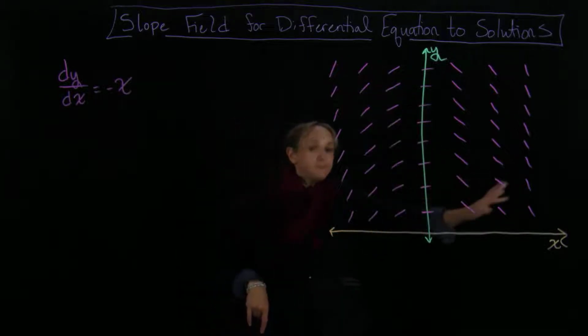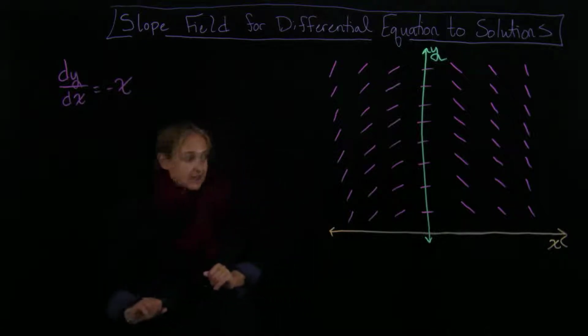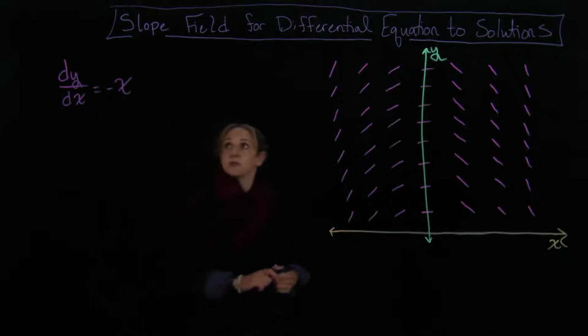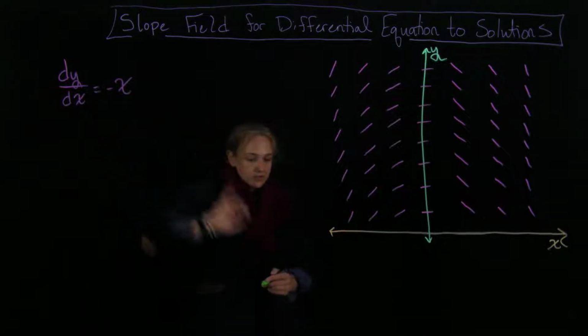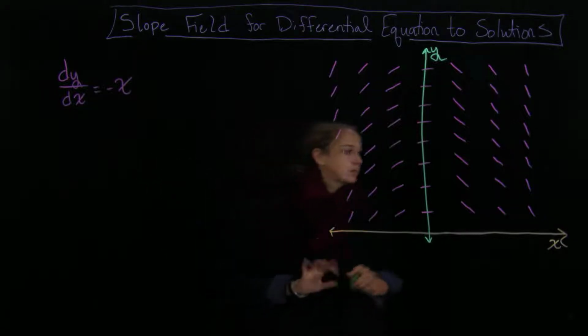and so on. But now what we're going to do from this is, if we actually traced through, we would get the solutions to this differential equation. Let me just write this here.